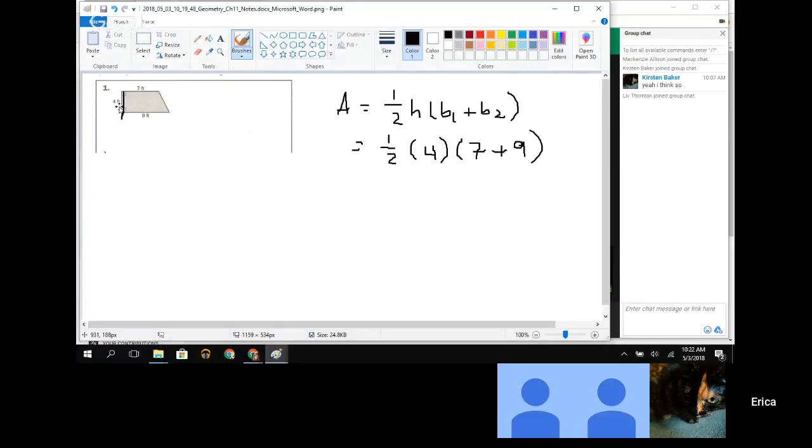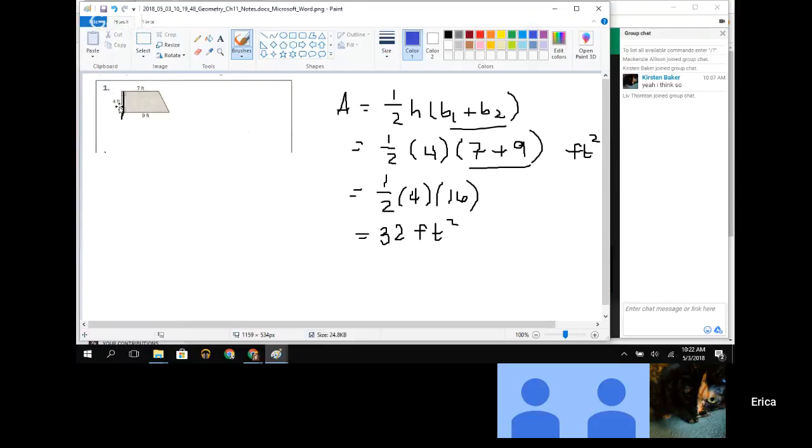And these are all in feet, so my answer is going to be in feet squared. What you have to remember is if you're using this formula, you have to evaluate the bases added together first. So 7 plus 9 is 16, and this ends up being 32 feet squared.